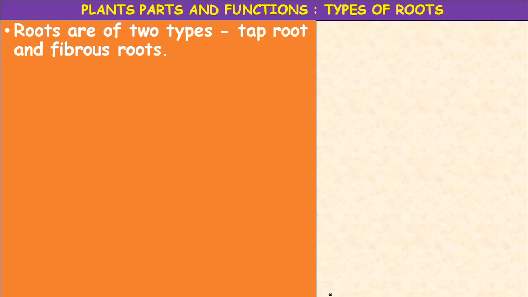Let us do another activity to study another function of the root. What is that? We would require the seeds of gram and maize, cotton wool, a katori and some water. Take 2 katoris. Katori means a small bowl.